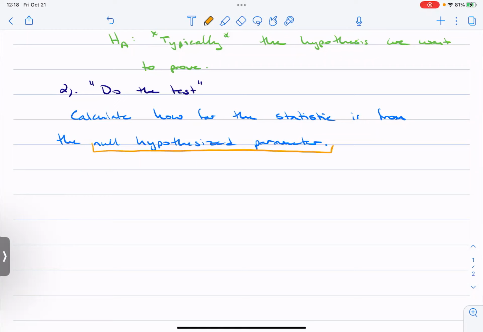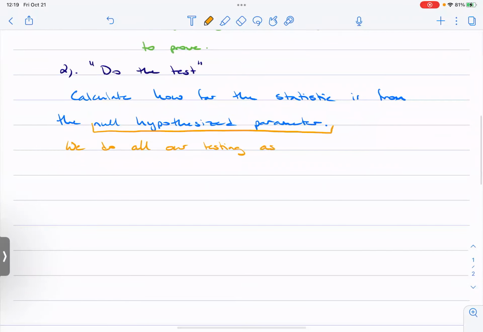Because I'm comparing my sample information to my null hypothesized parameter, this is what tells me that I'm going to do all my testing assuming the null hypothesis is true. So here we do all our testing assuming H naught is true.